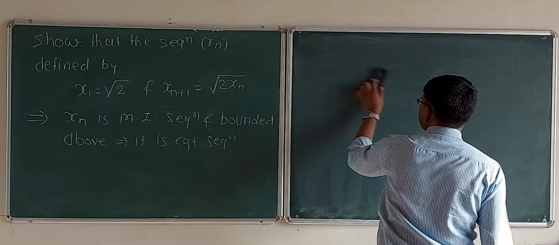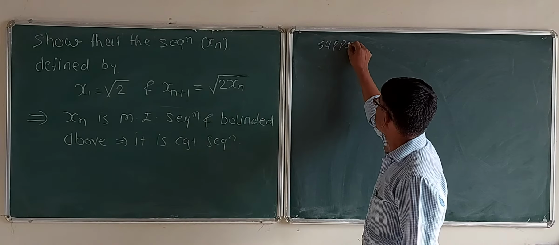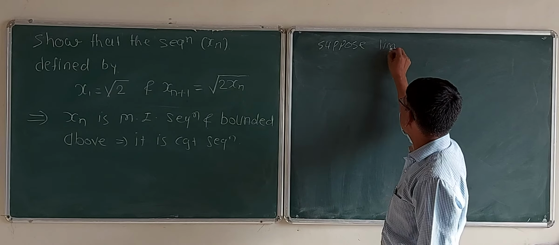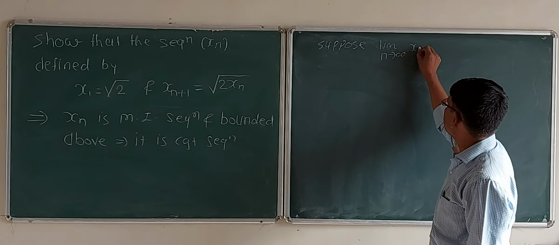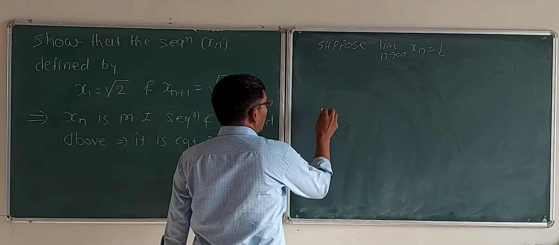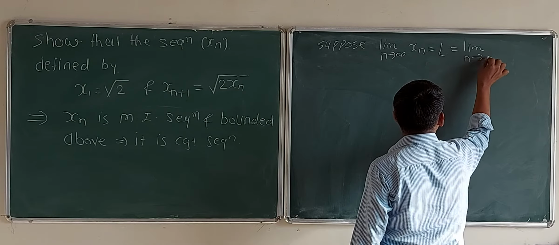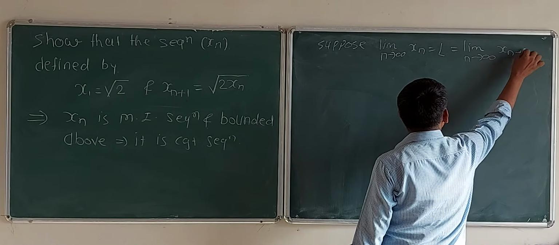Now suppose the limit as n tends to infinity of xn is equal to L. This is the same as the limit as n tends to infinity of xn plus 1.